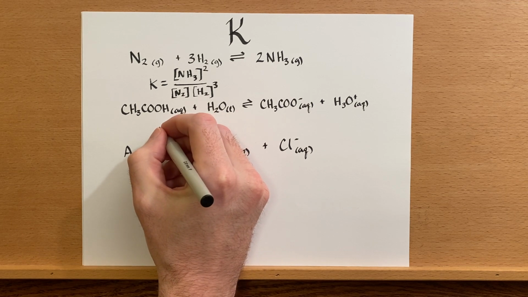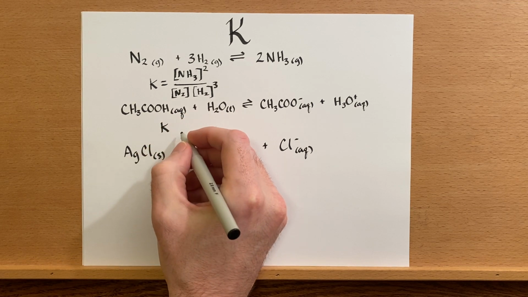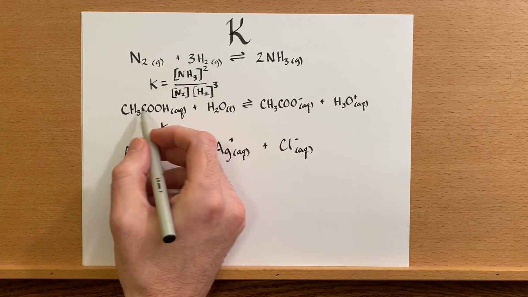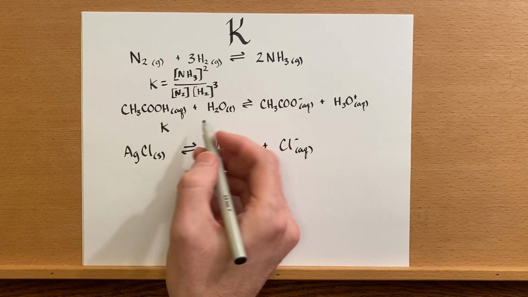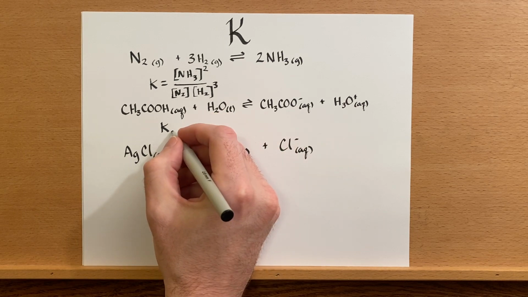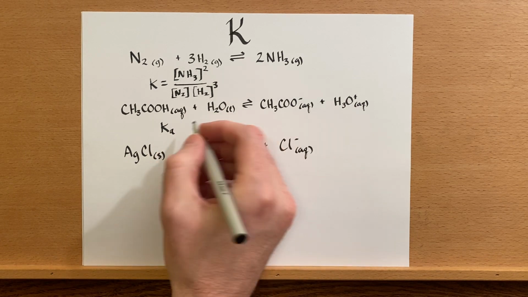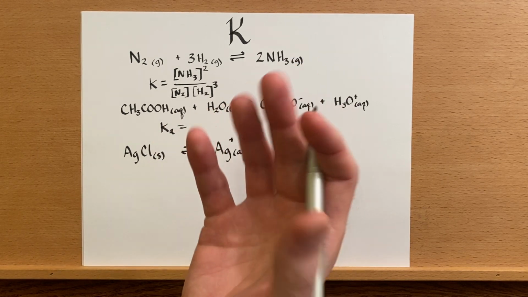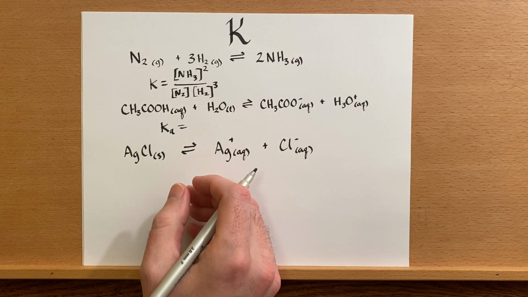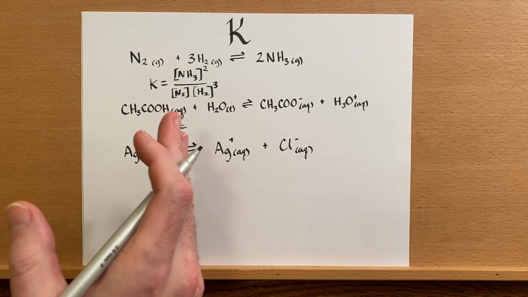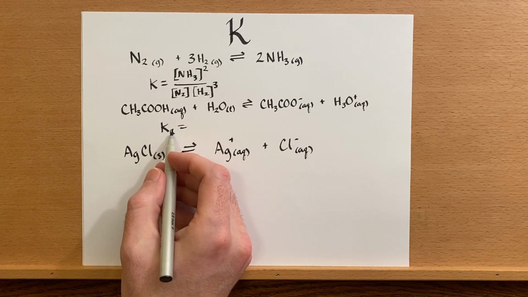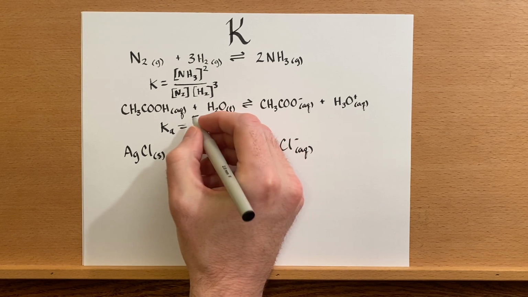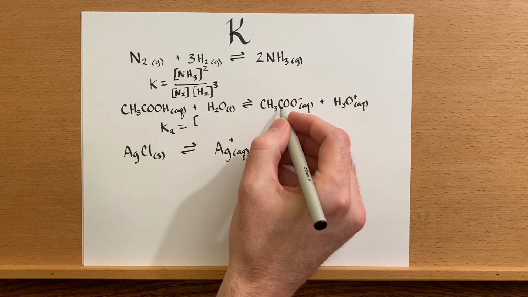So this one is K, and in particular this one is the K of an acid reacting with water, so it has a special name called Ka. It's just a different K. It's just K with a special name to say, oh, that was an acid. Not too special.